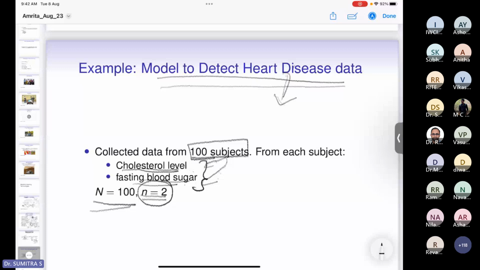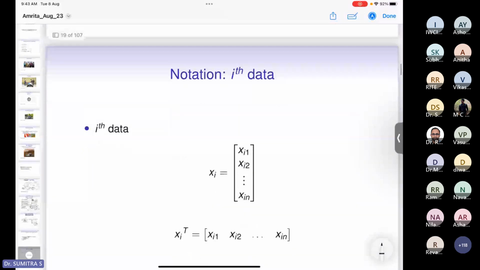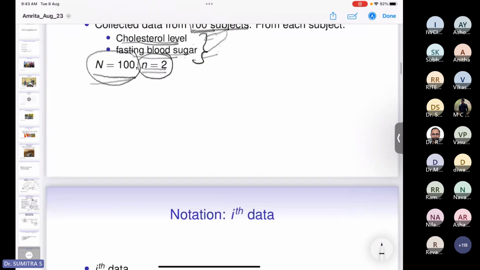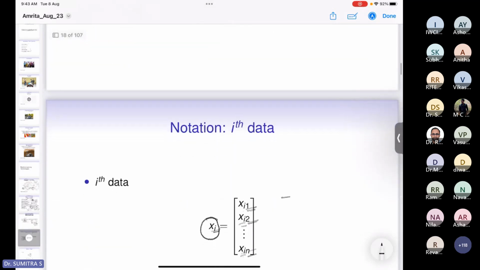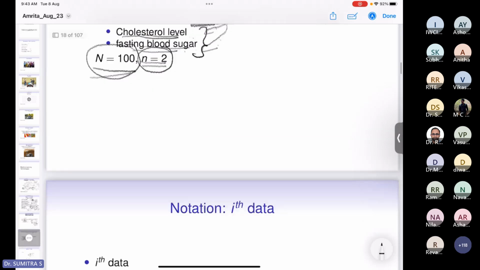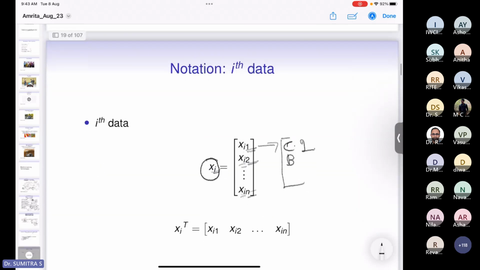In general, if I take a data point, we write it as xi1, the ith data's first attribute, xi2, the ith data's second attribute, up to xin, the ith data's nth attribute. In our previous example, the first will correspond to cholesterol level and the other to blood sugar.